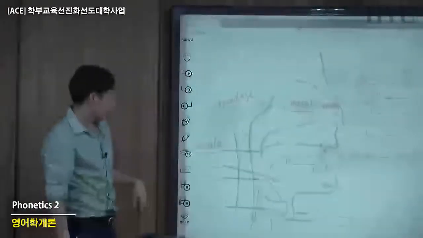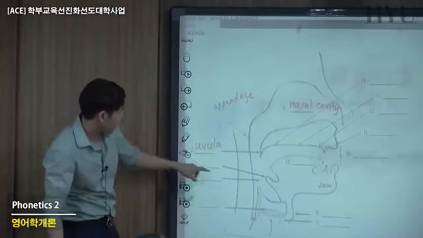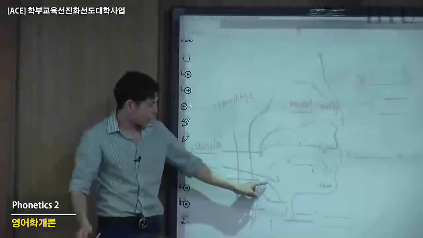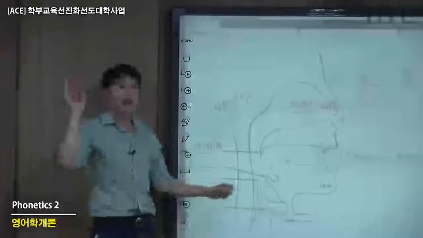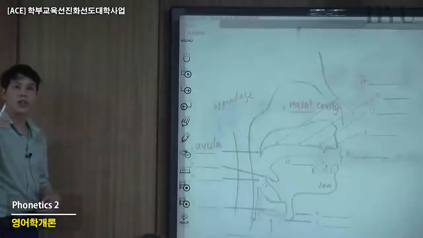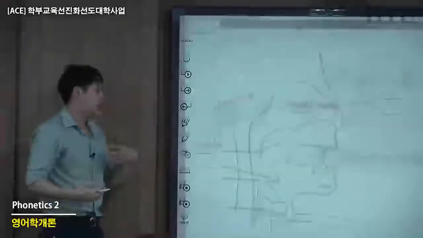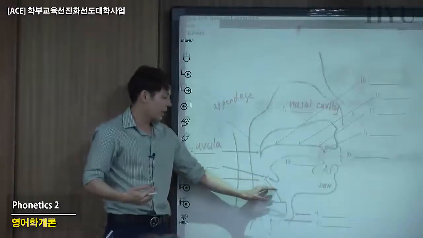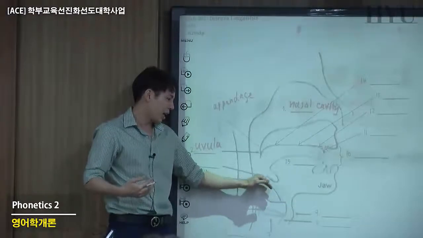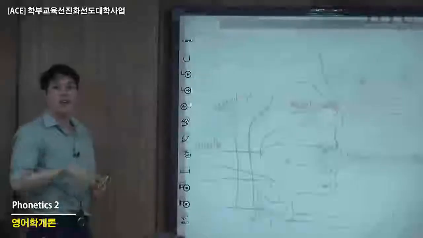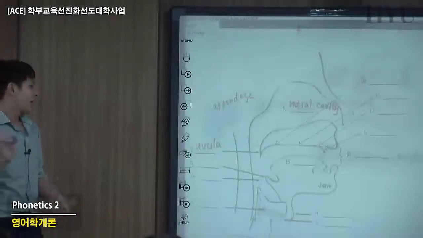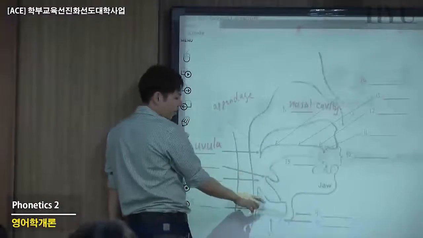Number three, where's number three? Number three is here. Remember, it's a flap that prevents food from going into the trachea, right? And so it can close up this windpipe. So what do you call that flap? It's the flap that's above the glottis.